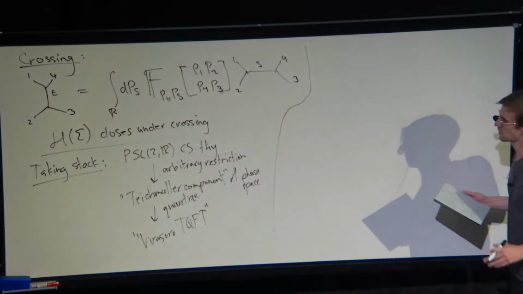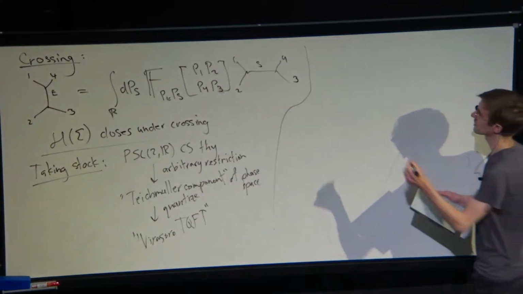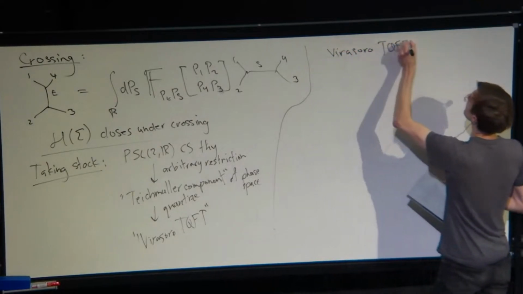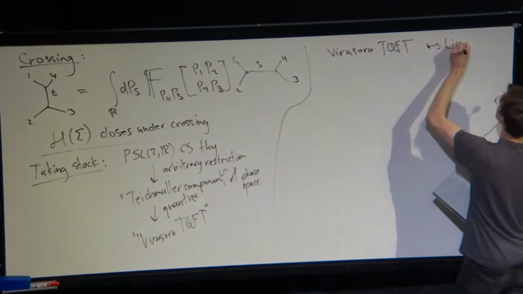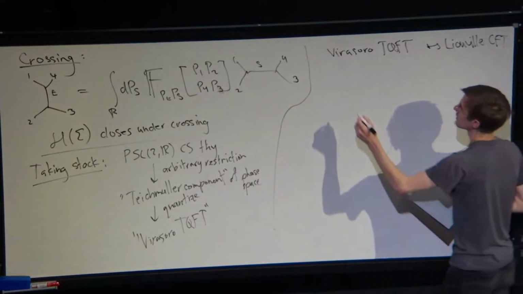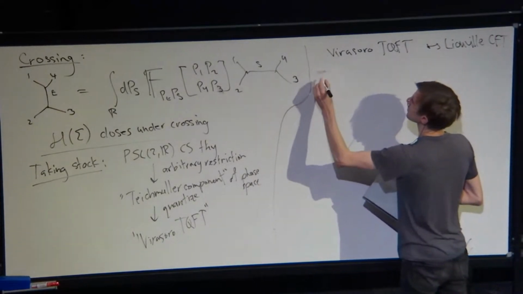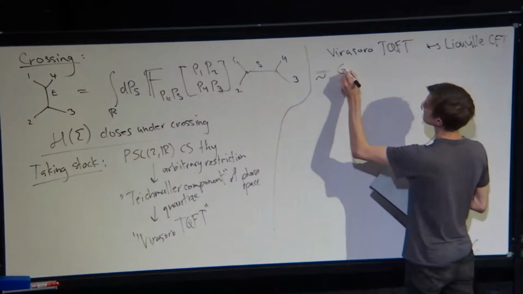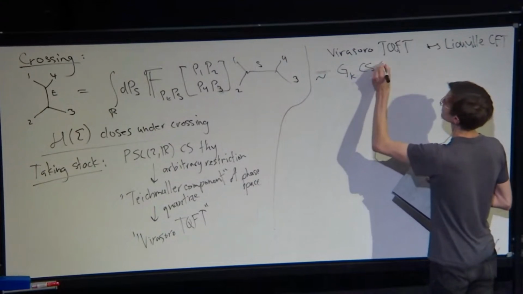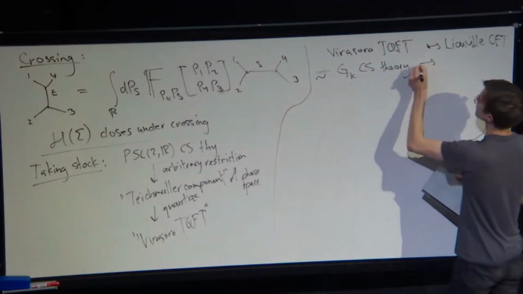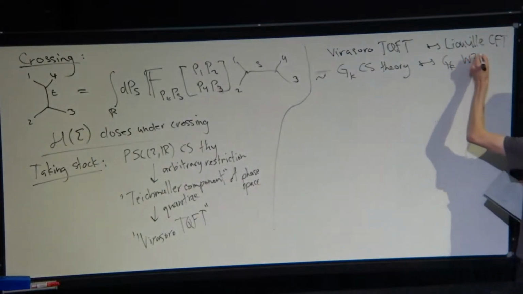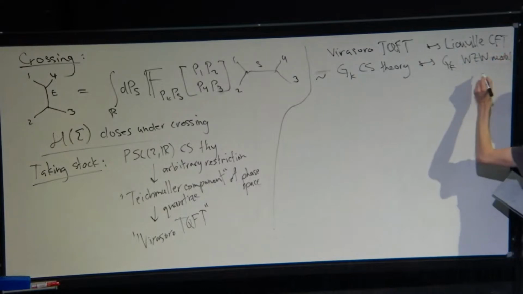And I think a useful way to think about this TQFT is that it is related to Liouville CFT, the ordinary one, not the space-like, in a completely analogous way as, say, for some compact gauge group G at level K, the Chern-Simons theory is related to the corresponding G level K WZW model CFT.